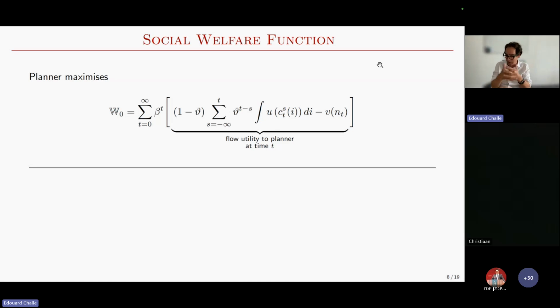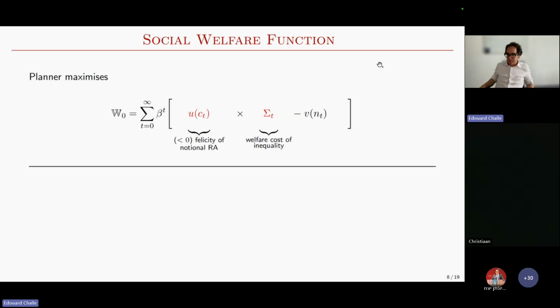So that makes the problem inherently complicated, but here again, the CARA-normal assumption will come in handy and allow us to drastically simplify the problem. In fact, what we show in our closed economy paper, and again in this paper, is that there is a separation that you can bring about.